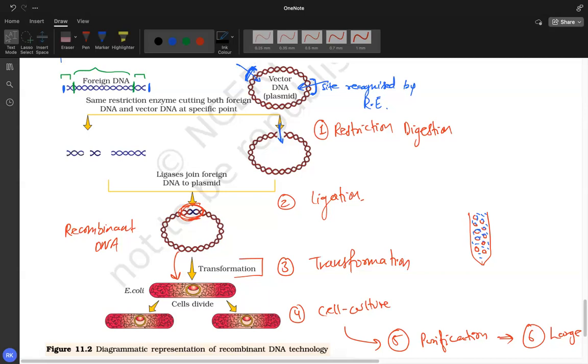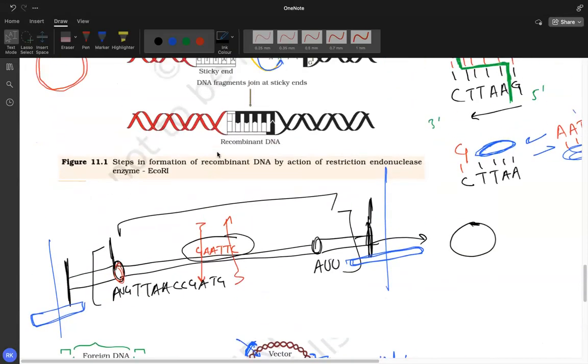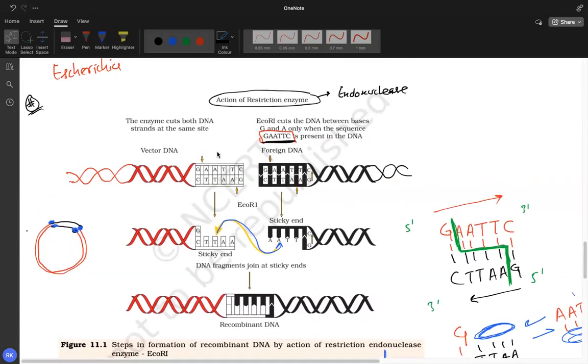About restriction endonuclease, write down. Restriction endonucleases function by recognizing a specific sequence in the DNA double helix.